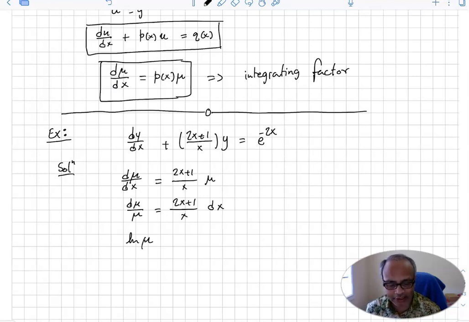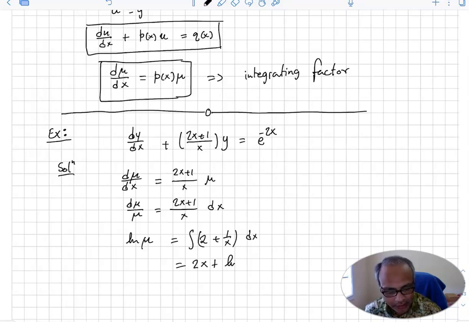On the left hand side, if you integrate d mu over mu, you get ln of mu. On the right hand side, we need a little work, which is not too terrible, and this one is going to be easy to integrate. You get 2x plus ln of x.